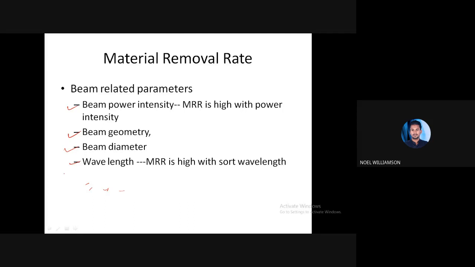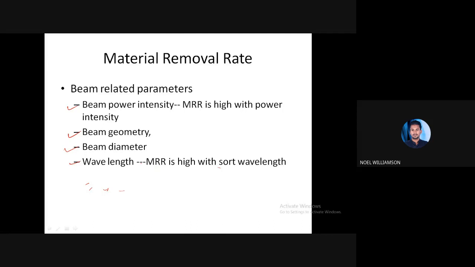Then comes the wavelength of the laser beam. For different lasers, there are different wavelengths. If the wavelength is short, then the MRR will be high. These are the main parameters under the beam related parameters which affect the material removal rate.